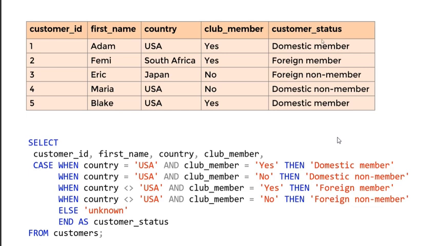When country is equal to USA and club member no, then domestic non-member. Country is not equal to USA but club member, then foreign member. Country not equal to USA and not club member, then return foreign non-member, right? And here, as customer status, from customers.